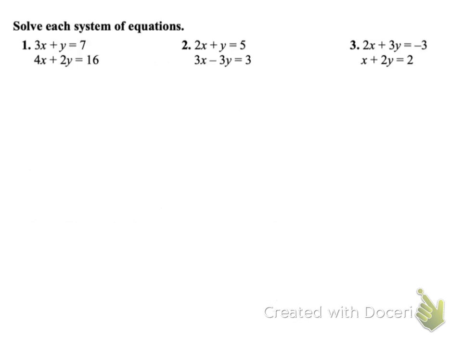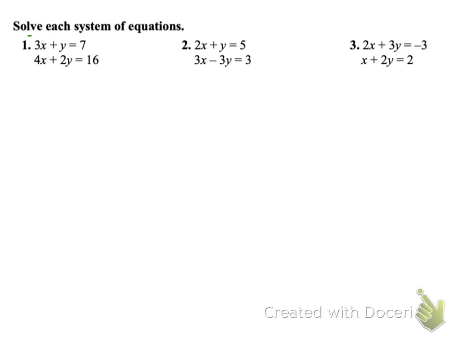All right. So we're going to do substitution here on this first equation, on number 1. Looking at that, what do you think would be the easiest thing to do on number 1? Get rid of the y on the first one, because it's just less steps.